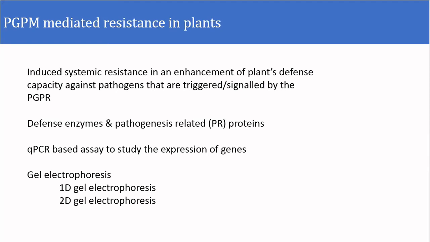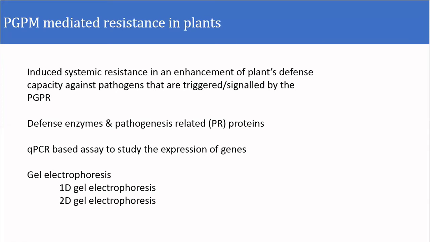The defense mechanisms and pathogenesis-related proteins could be assessed using quantitative PCR to study the expression of genes, and we have also studied the expression of defense genes in capsicum treated with biocontrol agent and inoculated with Phytophthora.